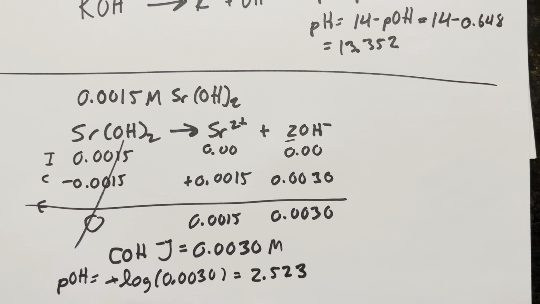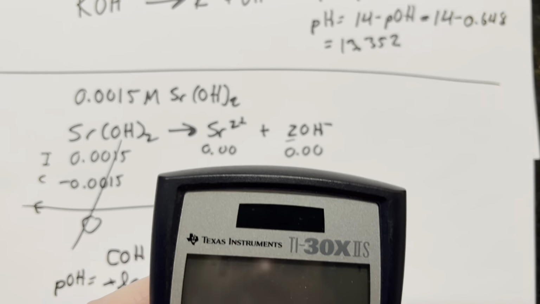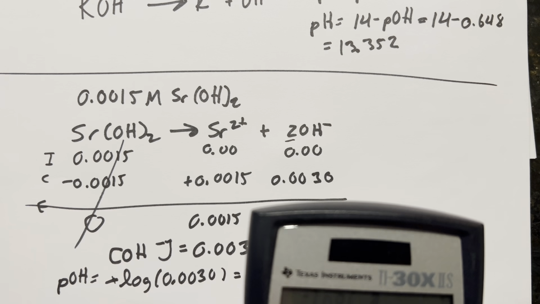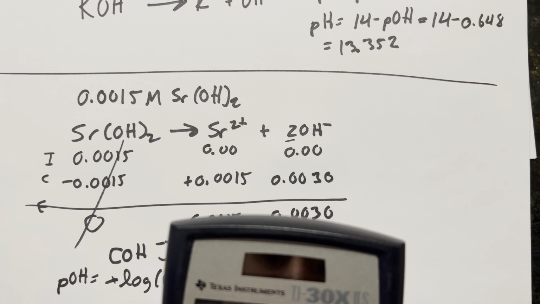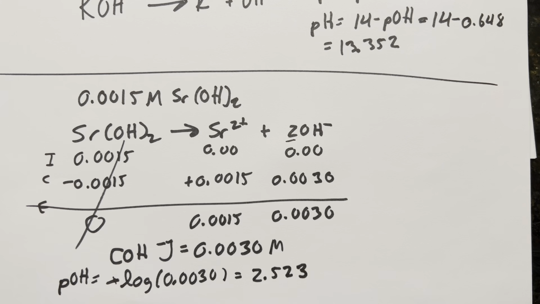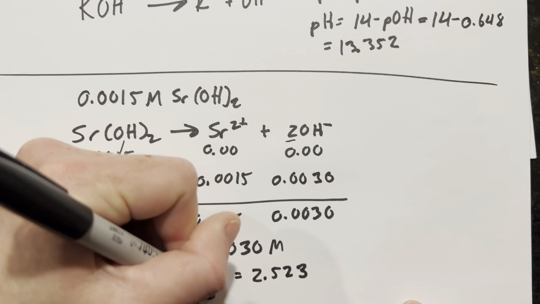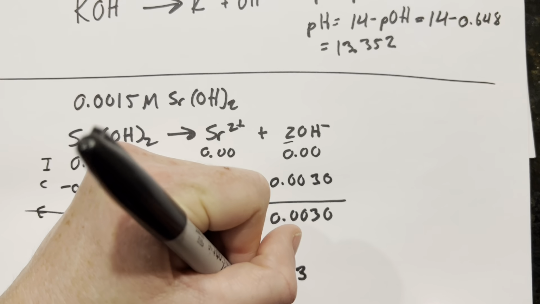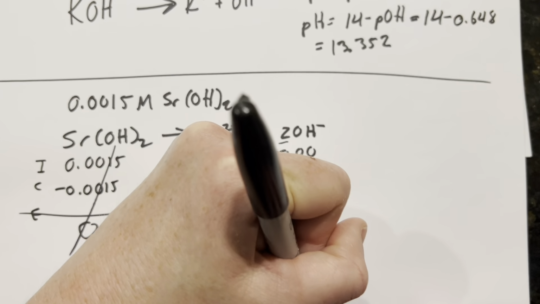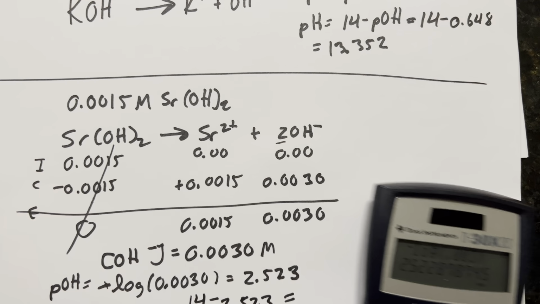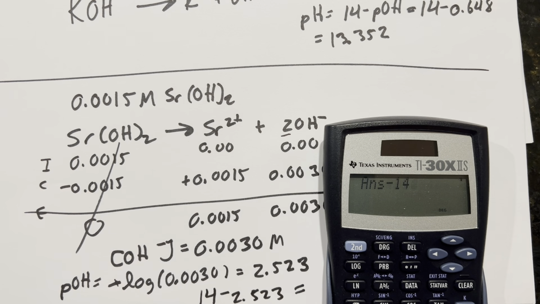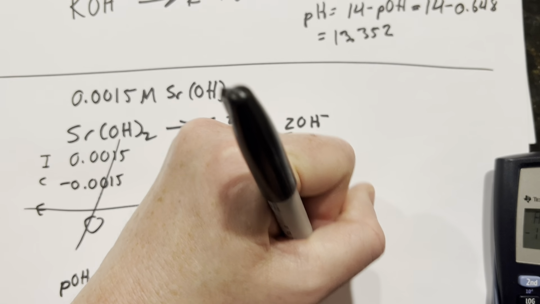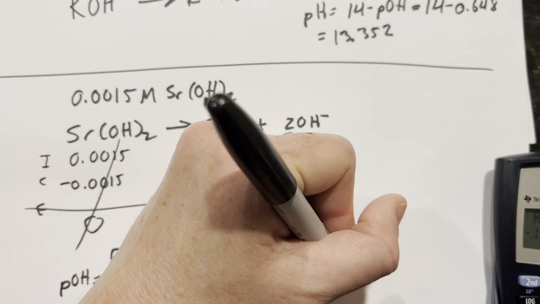It's pretty high to me. All right, negative log. Okay, I'm going with it. And then we just say 14 minus that answer. This is a small concentration. It gives us an answer of 11.48.